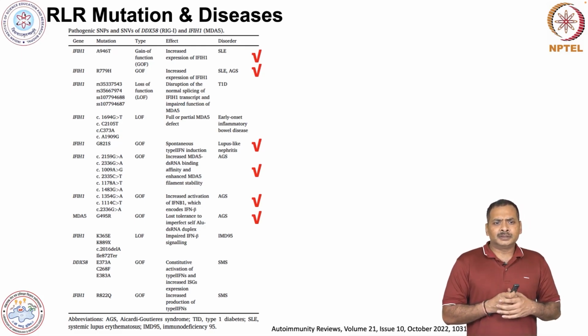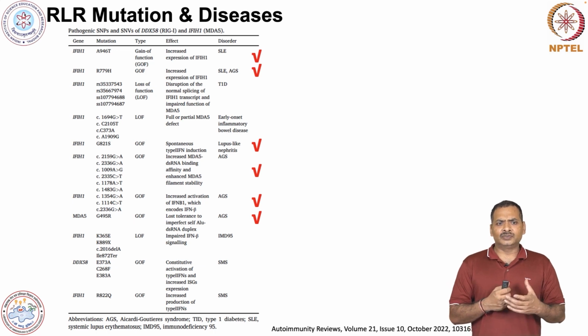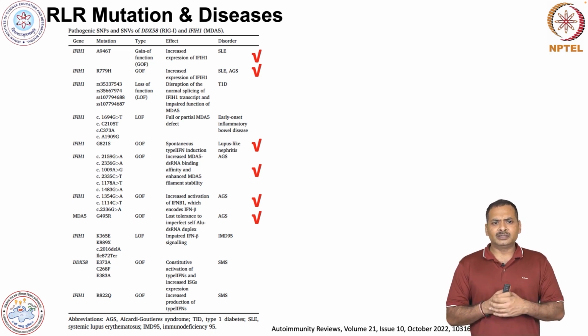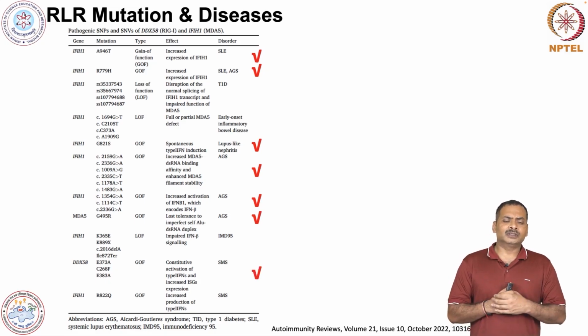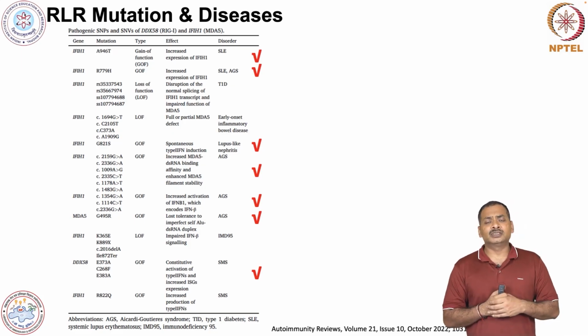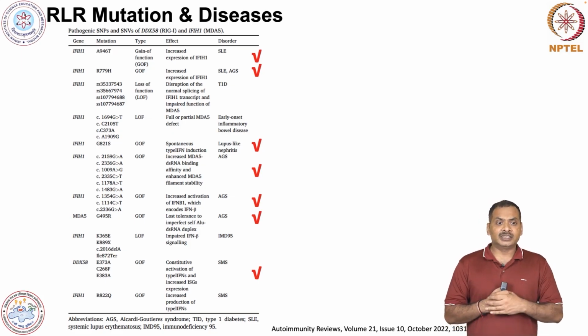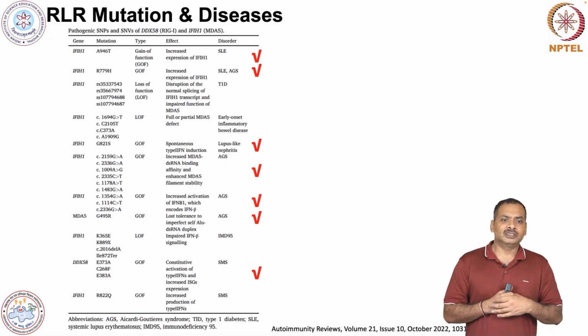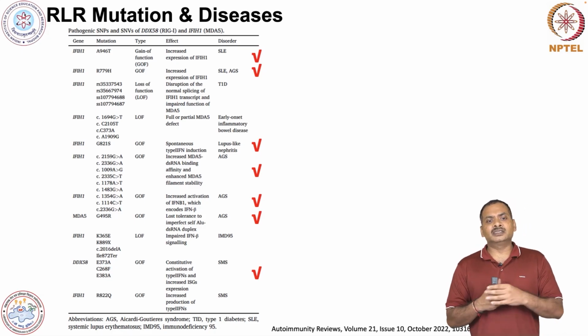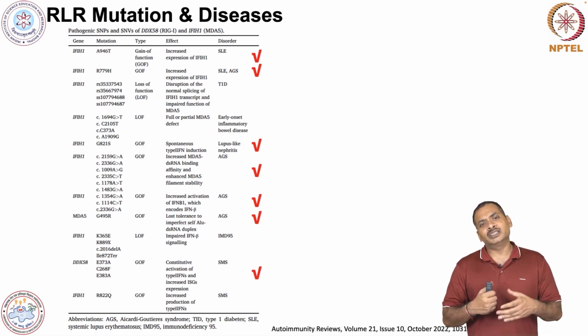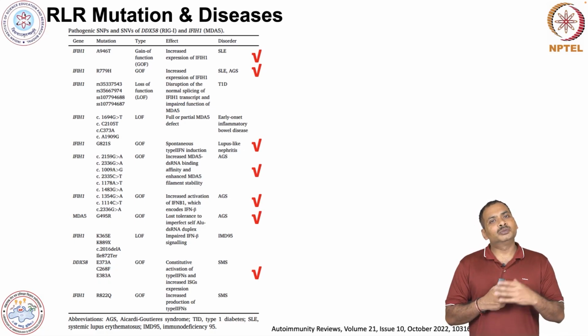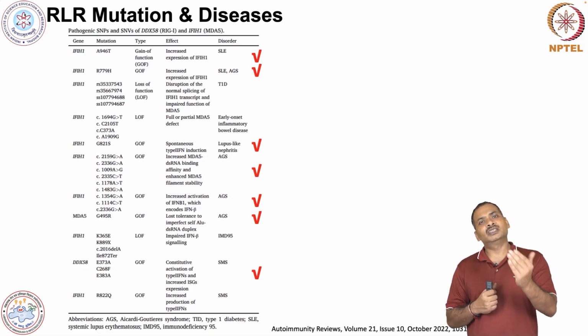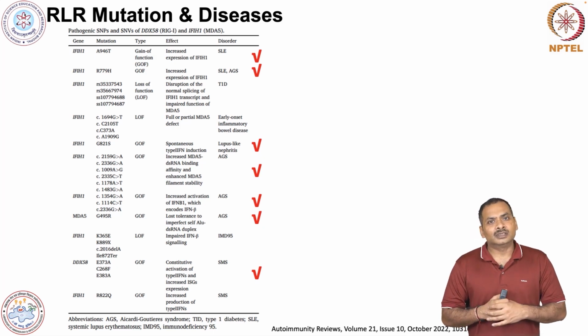There is another gain of function which again results in AGS, and there is another disease associated with RIG-I. Here you can see DDX58. So DDX58 is basically RIG-I, and if you remember the previous session, I told you there is a mutation in RIG-I and MDA5 that results in a disease.